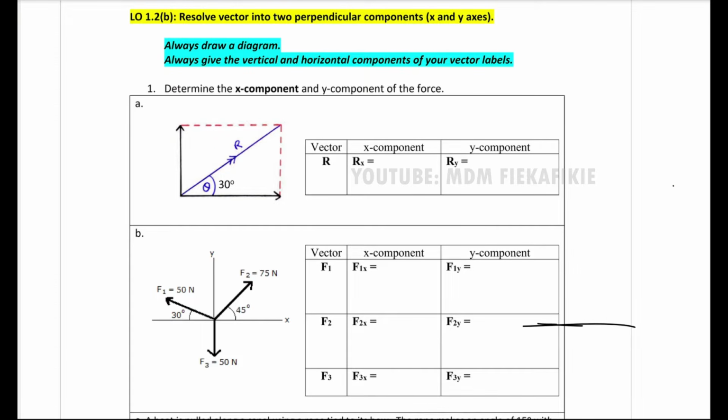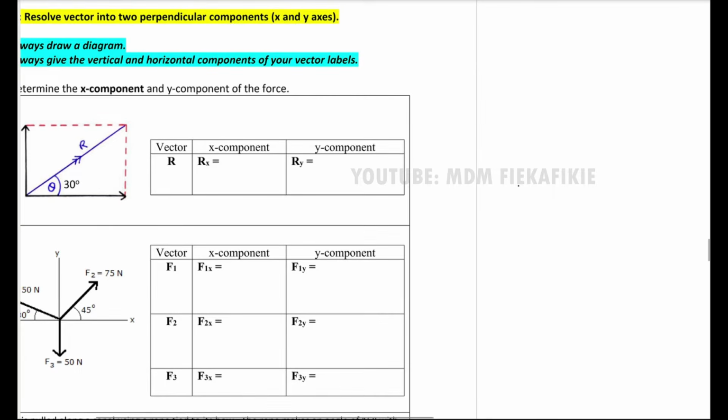Sekiranya kalau saya tulis force equal to 10 Newton, untuk kes ini dia tak ada angle, jadi tak perlu nak resolve. Dia akan jadi Fx, kita tahu dia ada x component which is 10 Newton, tapi dia tak ada Fy, so 0 Newton. Fx is positive since to the right, and then Fy is equal to 0.